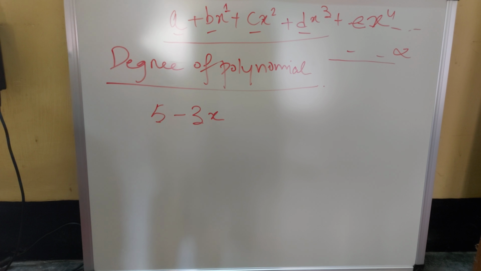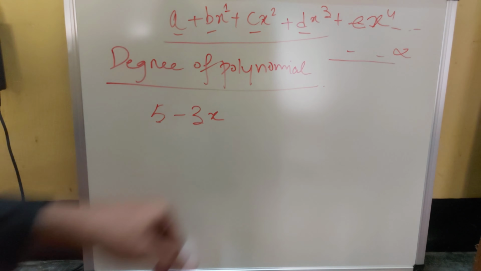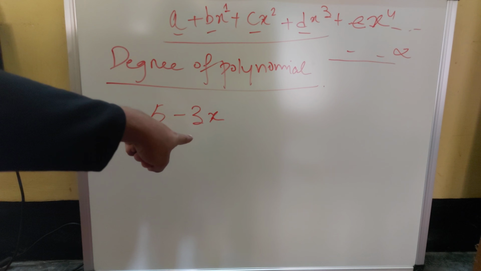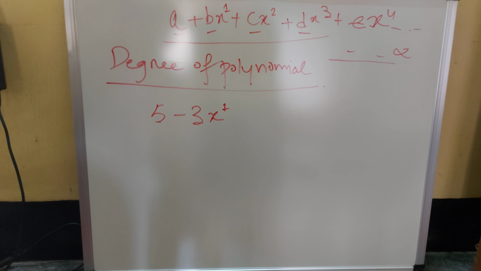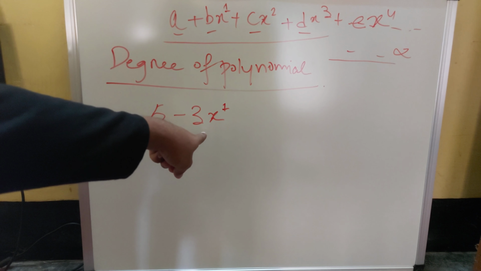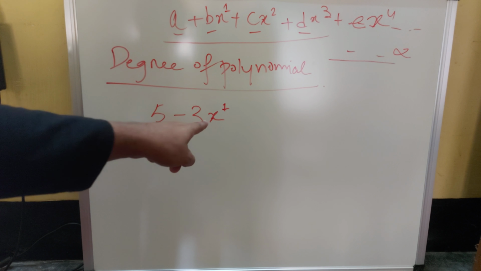Now, what is the power of x here? It's actually 1, right? Don't say 0, class, because if you say x to the power 0, then it will become 1, and then only 3 will remain. So it's x to the power 1.